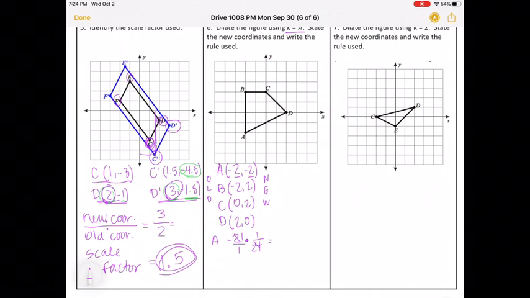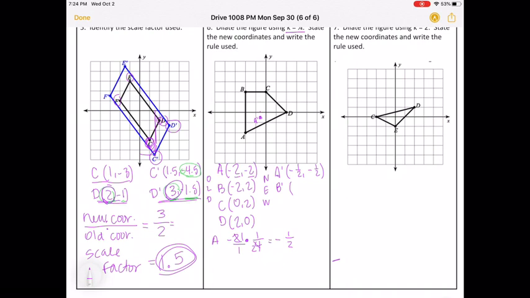So I can cross cancel those, or you can simplify at the end, either way. Negative times a positive, that's -1/2, -1/2. In this case, the x and y coordinates were the same. They're both -2. So if x is now -1/2, so is y. It's a little hard to graph the halves, but I'm going to go -1/2, -1/2 there. So that's A prime.